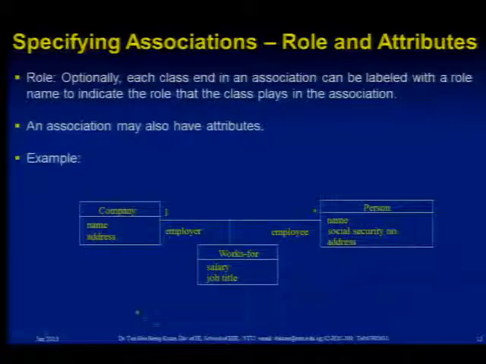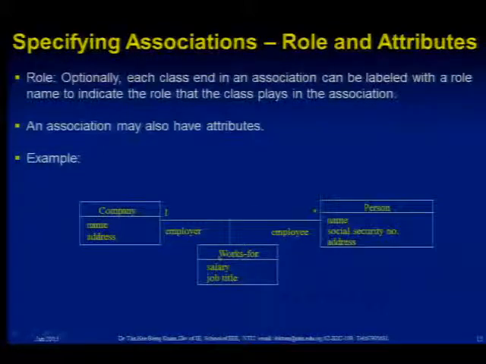The example is also here. This is a workforce association. You notice that I never write down any words along the line representing the association, because in this case I want to define attributes for this association. That's why I do not give a name to the association along this line.